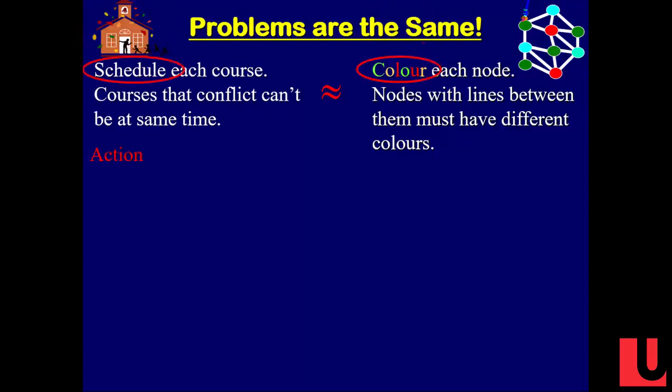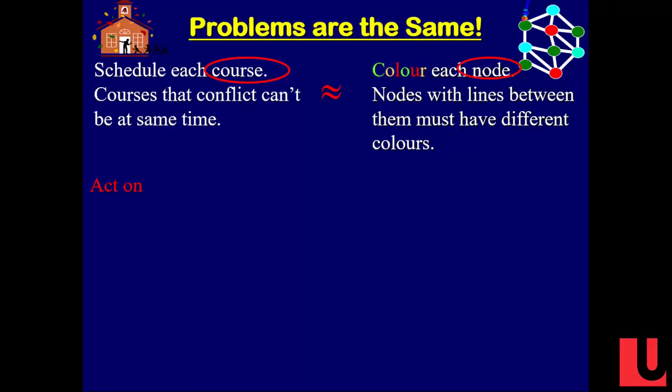Well, let's focus on the verb. Over here we're trying to schedule. Here we're trying to color. So what does that mean? It means we're trying to take something and apply it to something. What are we trying to apply to what? We're trying to apply something to courses, and something to nodes. And in fact, those are the inputs. Over here, the inputs are courses.